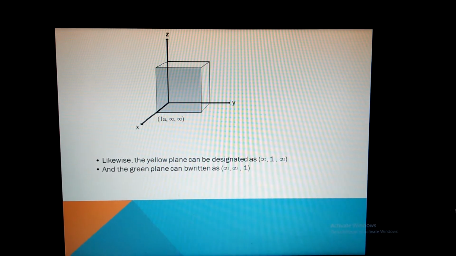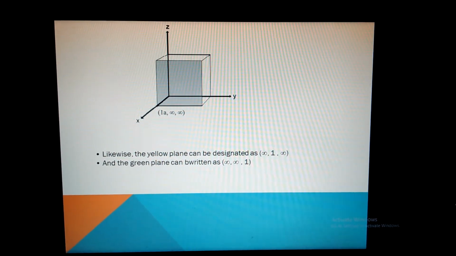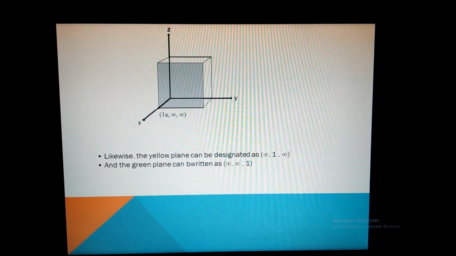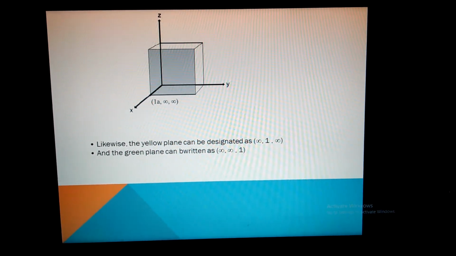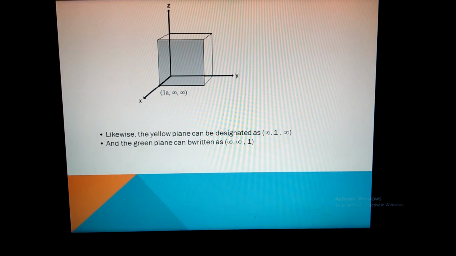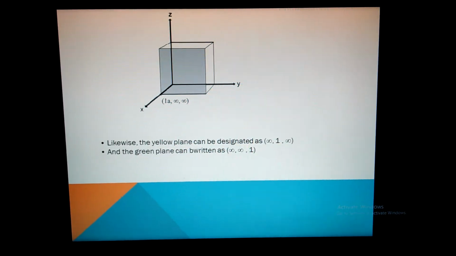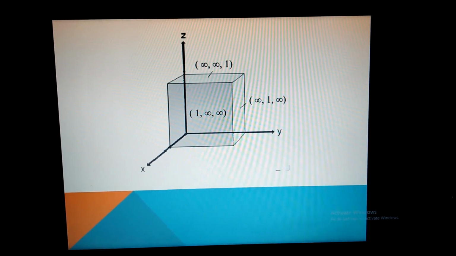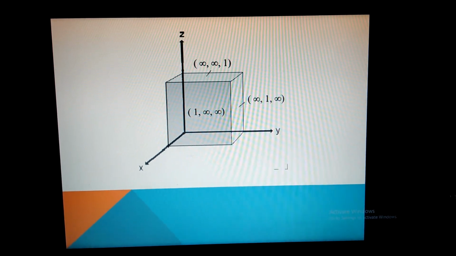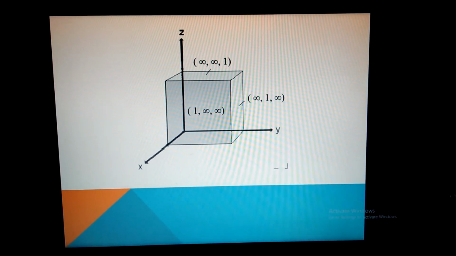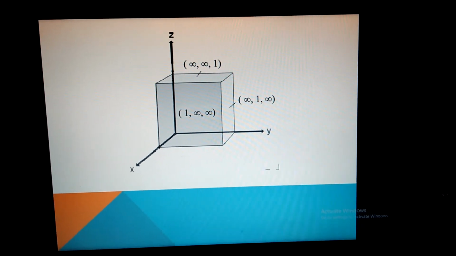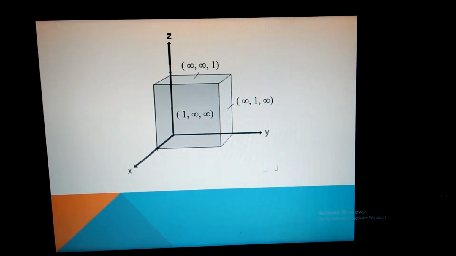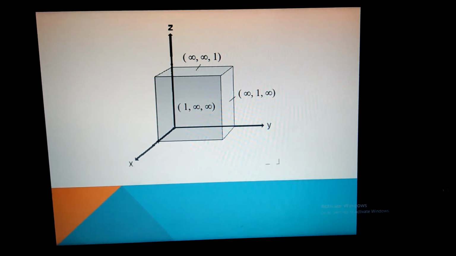Lengthwise, the yellow plane can be designated as infinity 1 infinity, and the green plane can be written as infinity infinity 1. There is a plane with x-axis, y-axis, and z-axis intercepts 1, infinity and infinity.